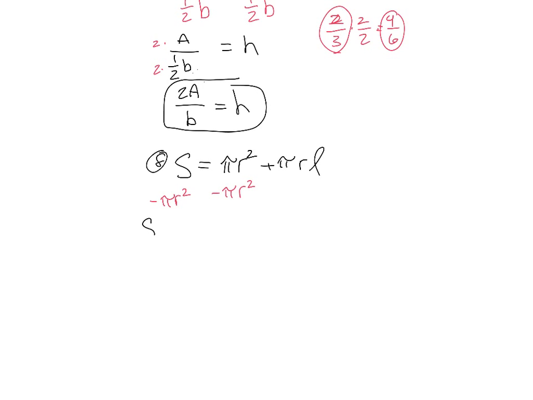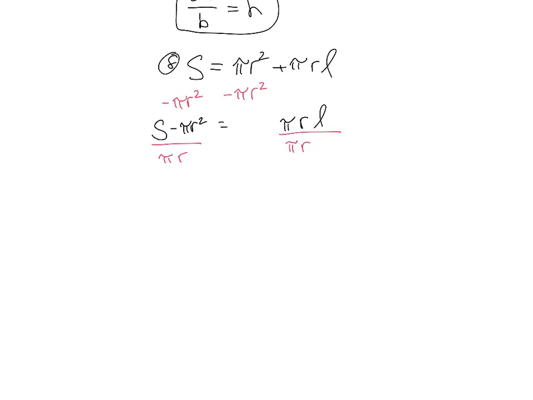And that's going to give us S minus pi r squared equals pi r L. Now, the only term we have left is the one that has the L in it, and we just need to eliminate these two factors here, the pi and the r. To do that, we're going to divide by pi r on both sides.